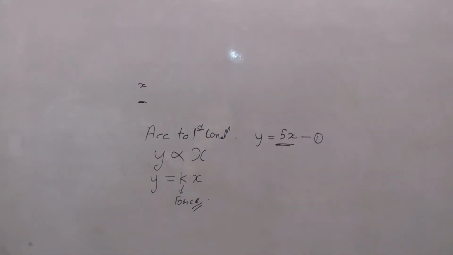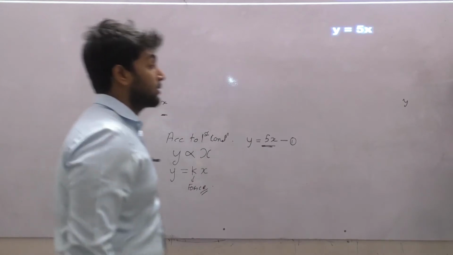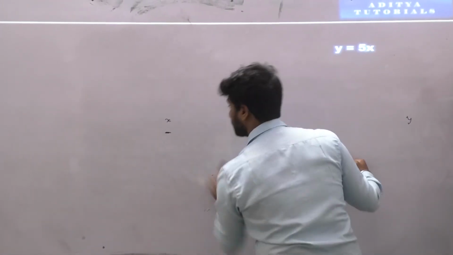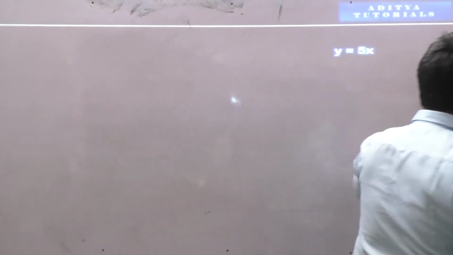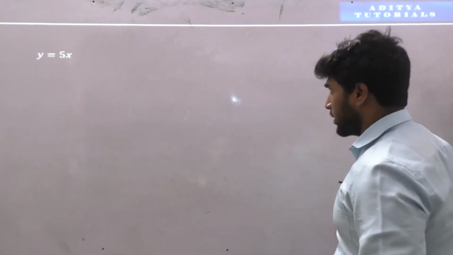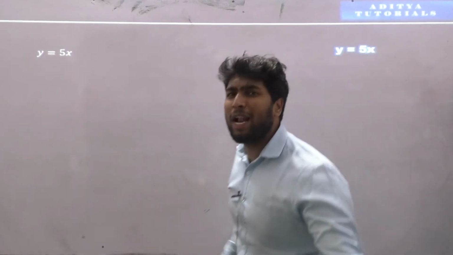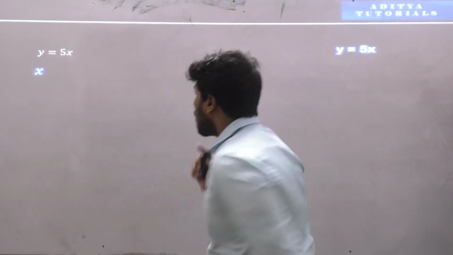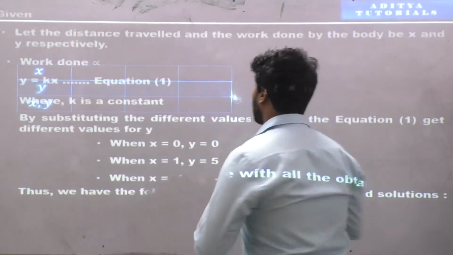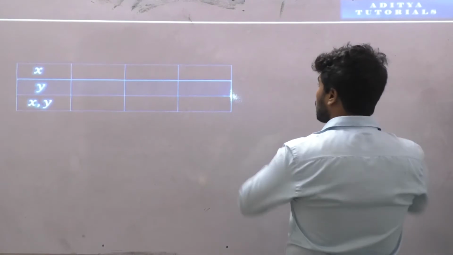Let's write the equation y is equal to 5x. ये तो दिया हुआ है, बस x की वैल्यू पुट करनी है. So from equation number 1 we get y is equal to 5x. Now let's go with the table: x, y, x comma y. Again write y is equal to 5x.